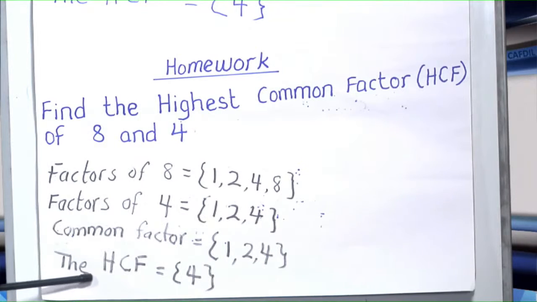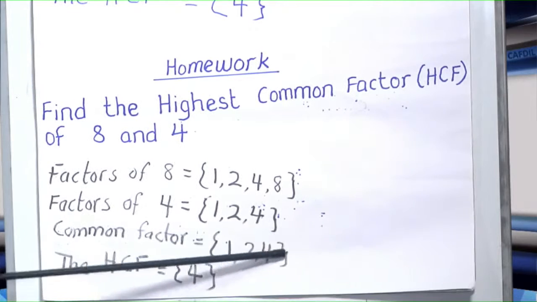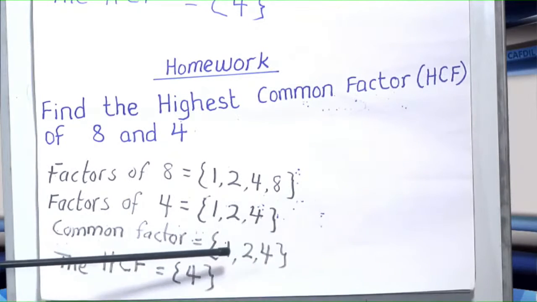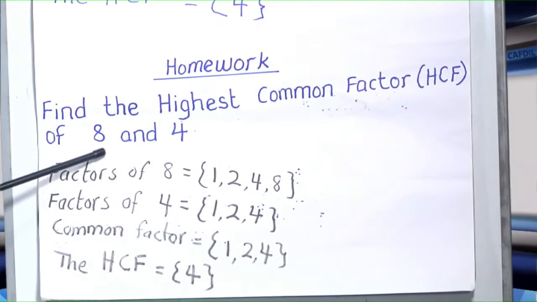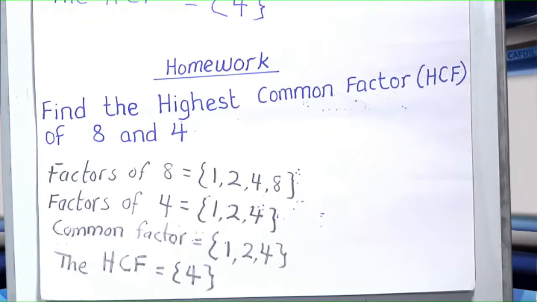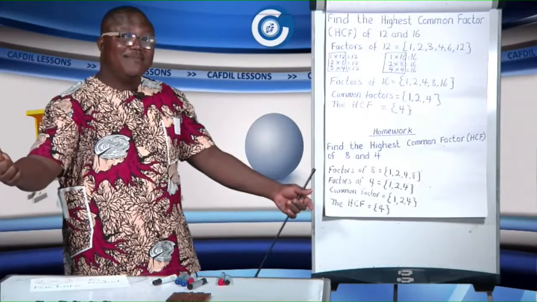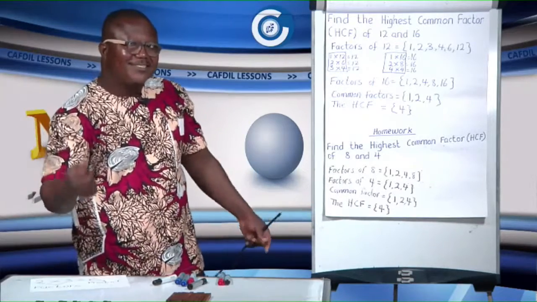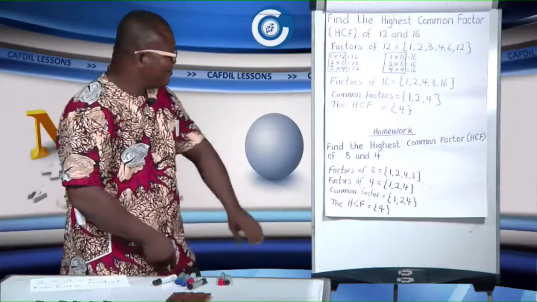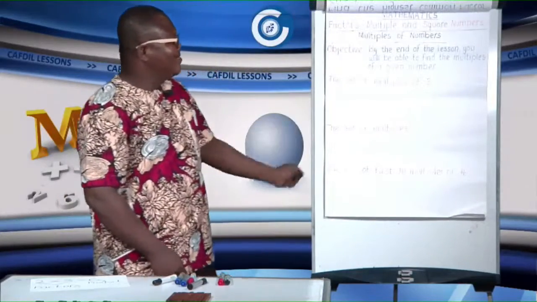What's the highest number among these numbers? 4. So 4 becomes the HCF of 8 and 4. Learners, this is very simple. I believe that you got the answer correct. Thank you very much. Now let's come to today's lesson.